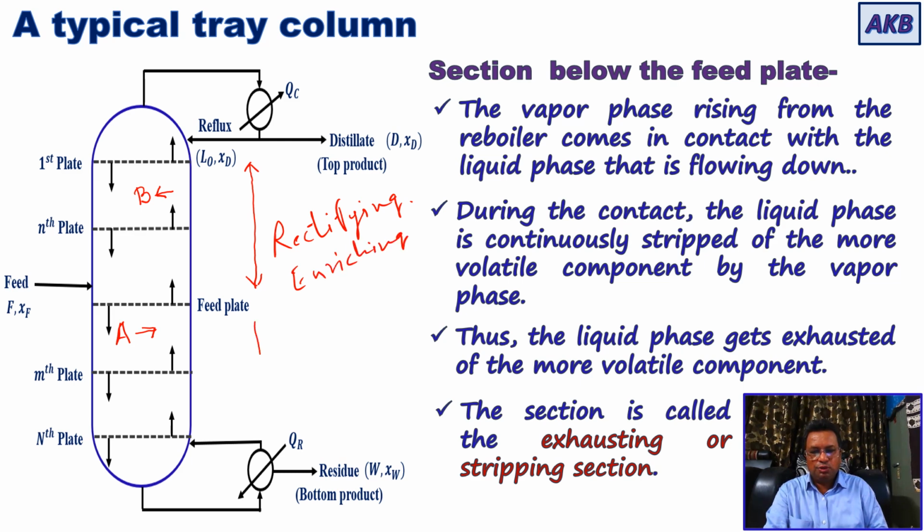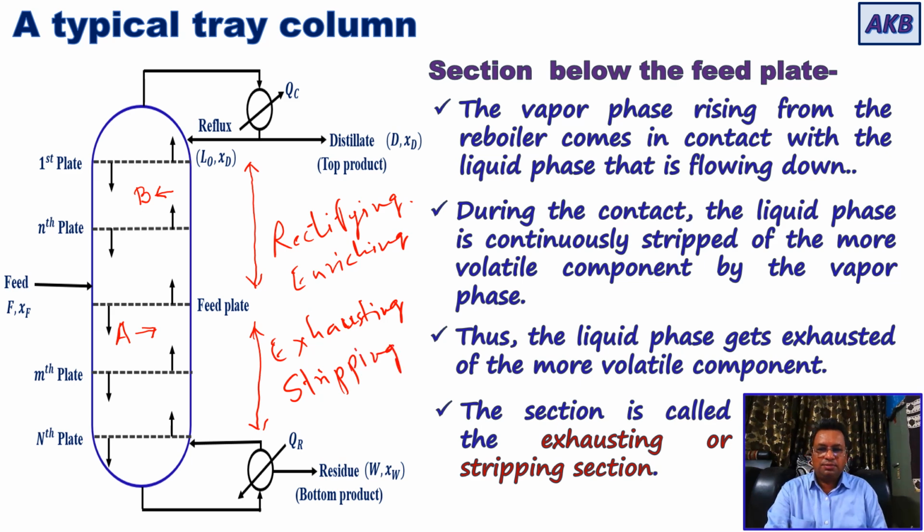And the section below the feed plate, we call the exhausting section, or the other name given to it is stripping section. Henceforth, in our discussion on tray column, you should remember this, the rectifying section and the stripping section. Okay, now let us move ahead.